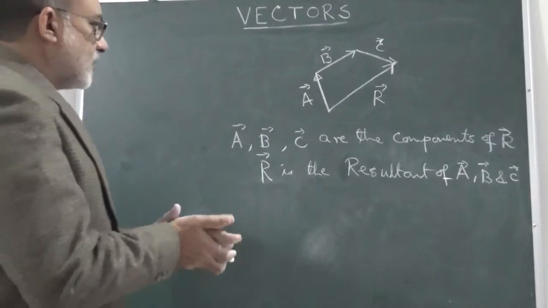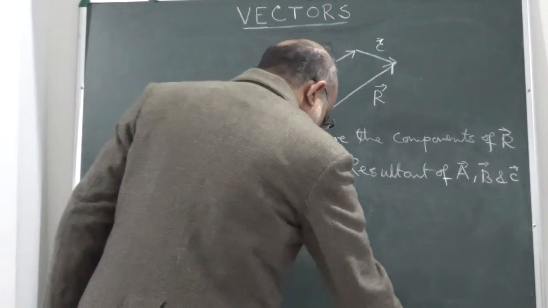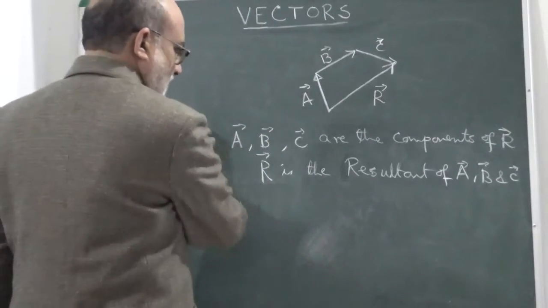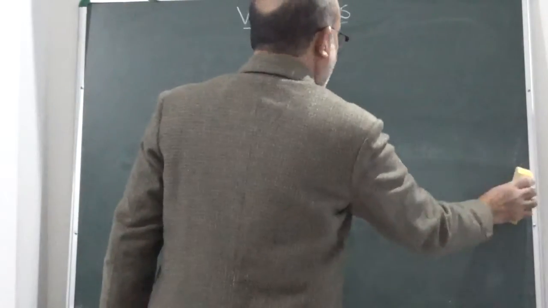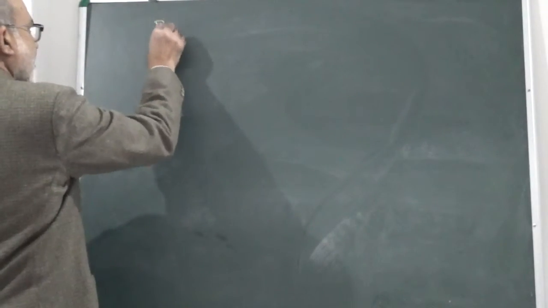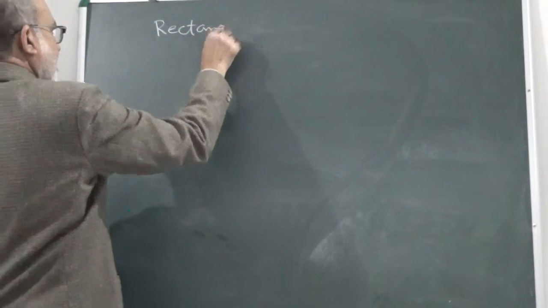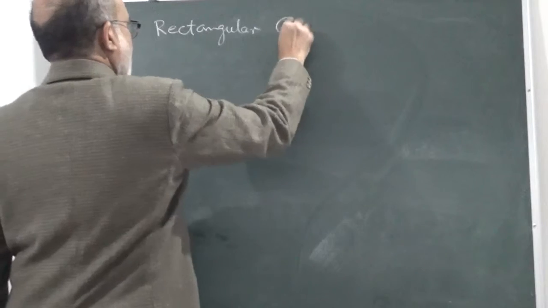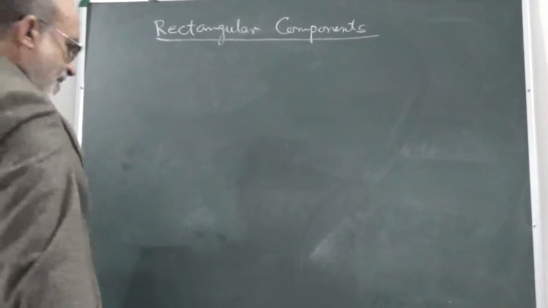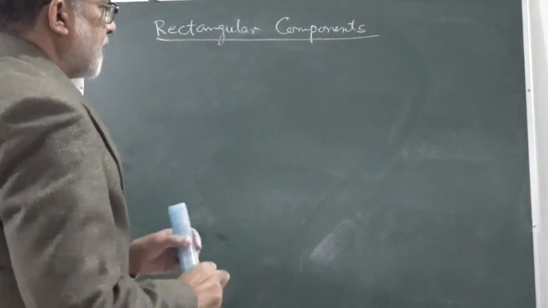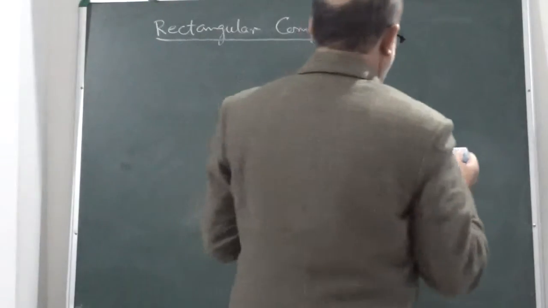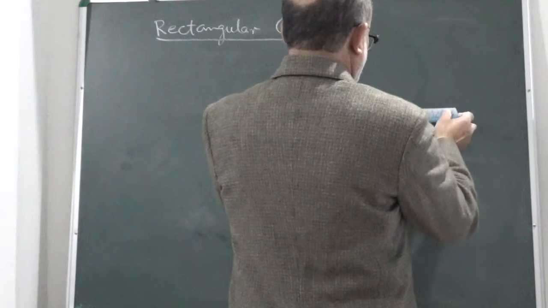Okay. Now we are going to study some special kind of components, and those are called rectangular components. So the next is rectangular component. Let us have two vectors A and B, which are like this.